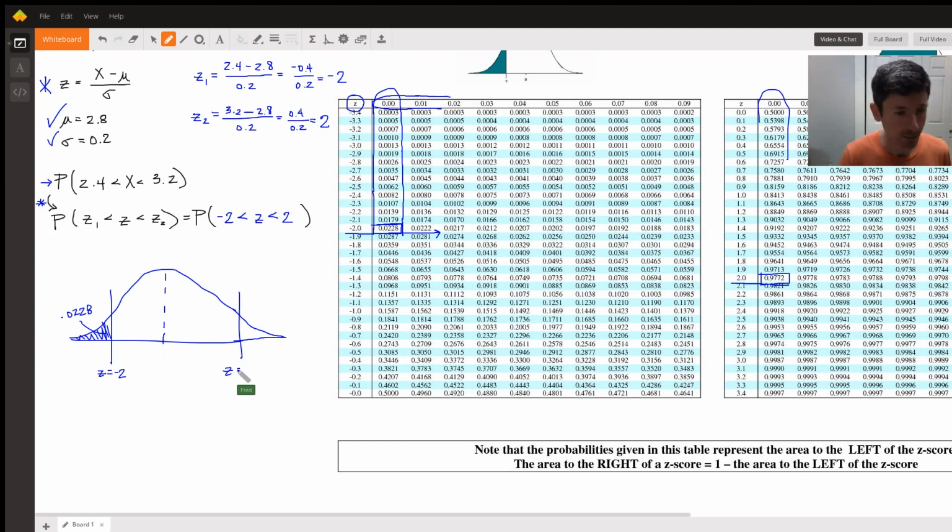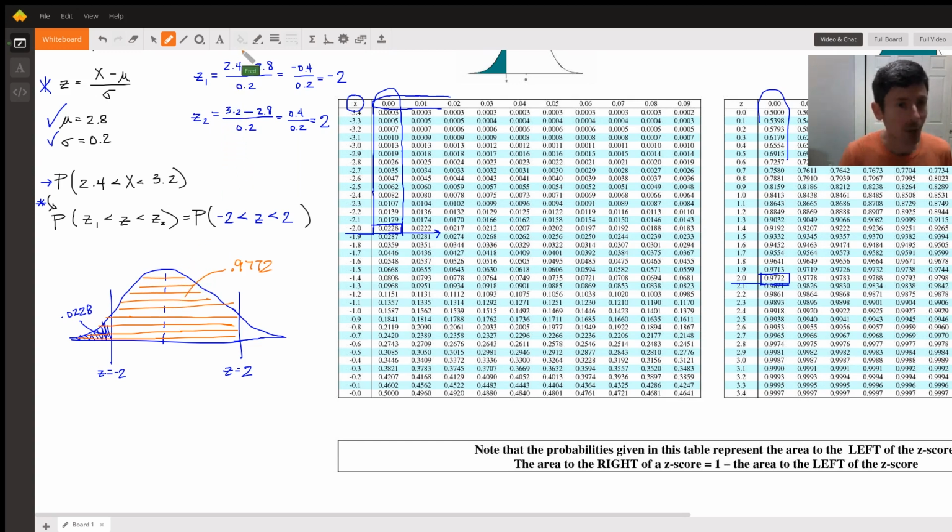At z equal positive 2, the total probability to the left, in other words, all of this area, inclusive of that we already shaded in the blue, is 0.9772.